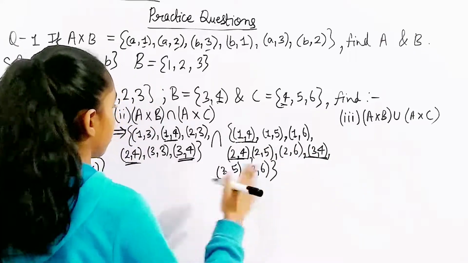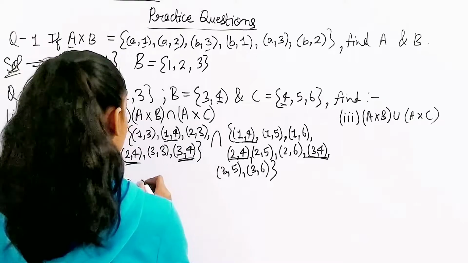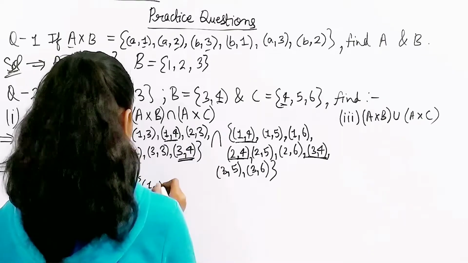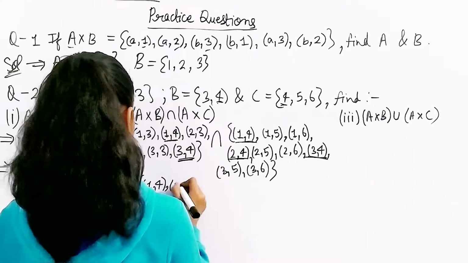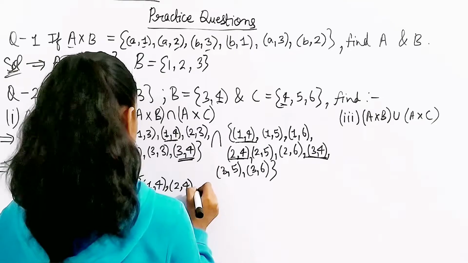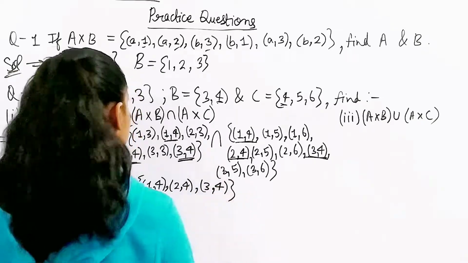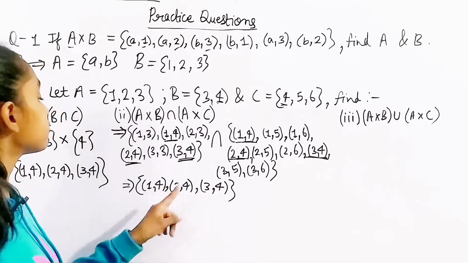Nothing else. So the intersection of them came as 1, 4, and then 2, 4, and then 3, 4. So there we got 3 pairs. It's 1, 4, 2, 4, and 3, 4.